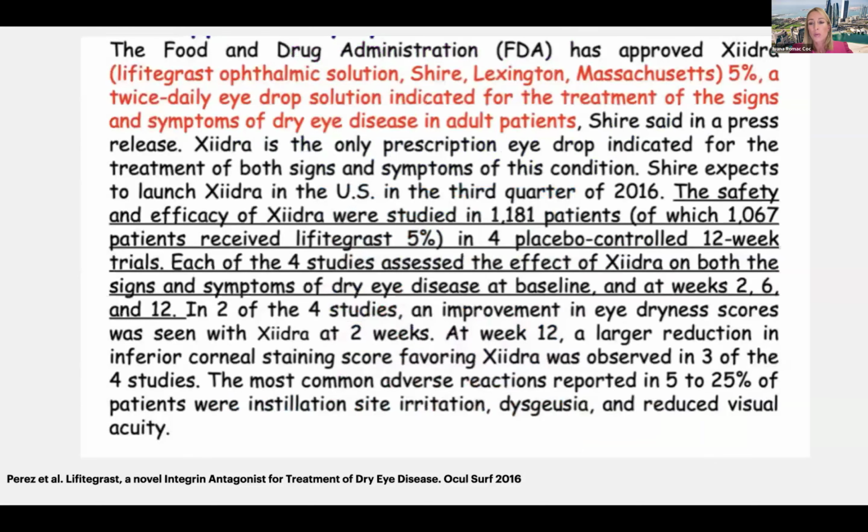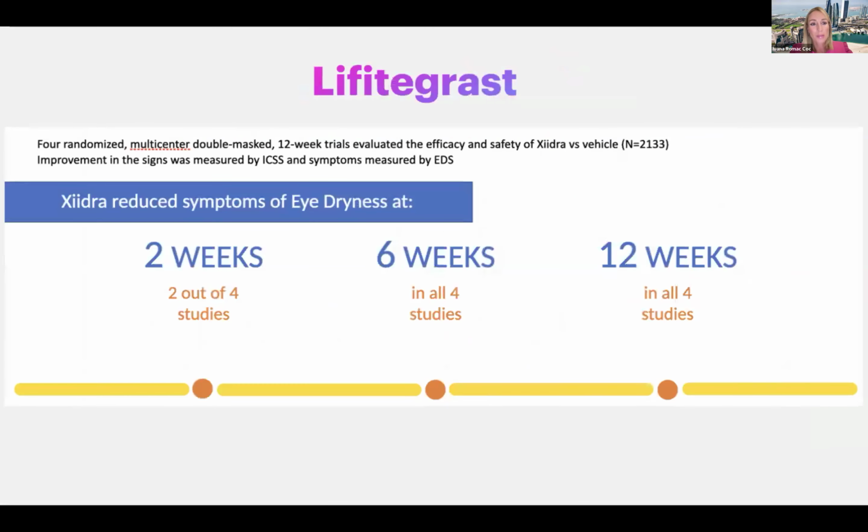It was FDA approved in 2016, and as I mentioned earlier, for the treatment of both signs and symptoms of dry eye disease. And 4 randomized multi-center 12-week clinical trials were done to evaluate the efficacy and safety of lifitegrast compared to the vehicle. And they were looking at the improvement in clinical signs, which were measured by inferior corneal staining score, and improvement of symptoms measured by eye dryness score.